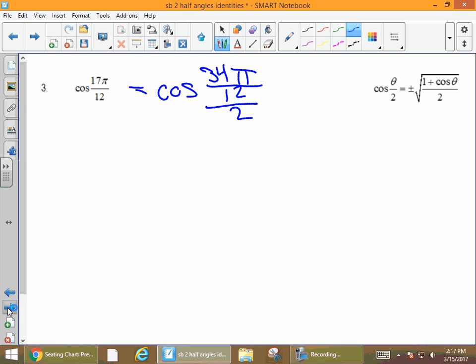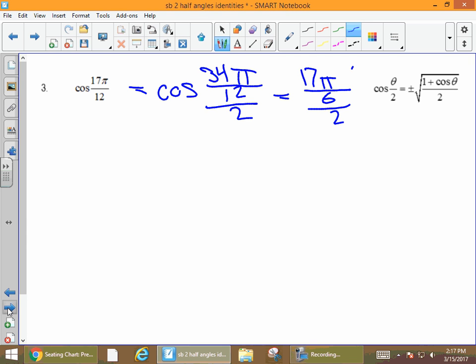We can take out a 2 from the top and a 2 from the bottom. Yeah, it's going to be 17 pi over 6 divided by 2. That's still the same. Do we know the value of 17 pi over 6, though? Is that on a unit circle?